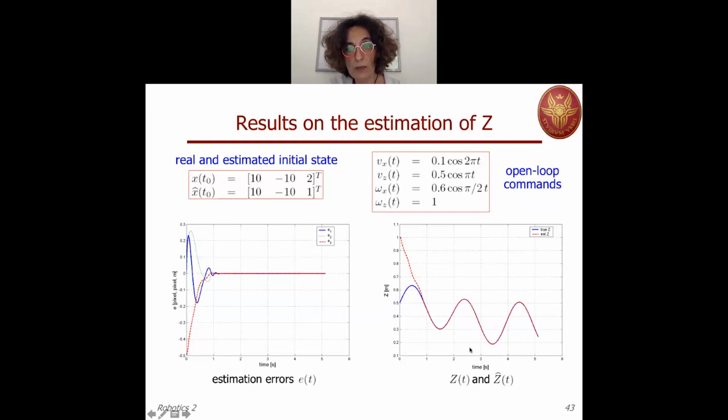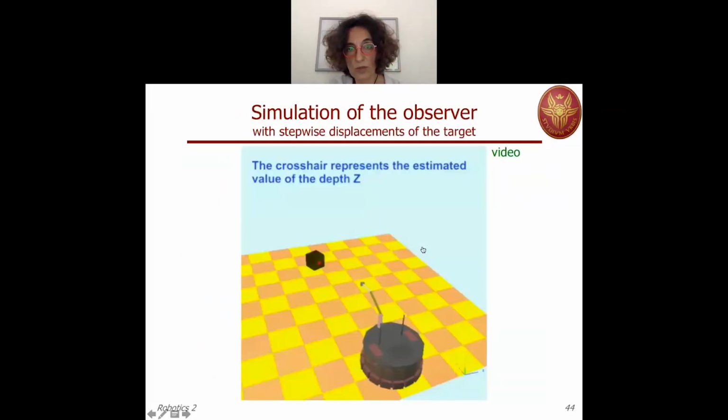And now here we have the evolution of Z. In blue we have the true Z, and in red the estimation of Z. And so you see the convergence of the Z to the real value. Of course, these commands respect the persistent excitation conditions.